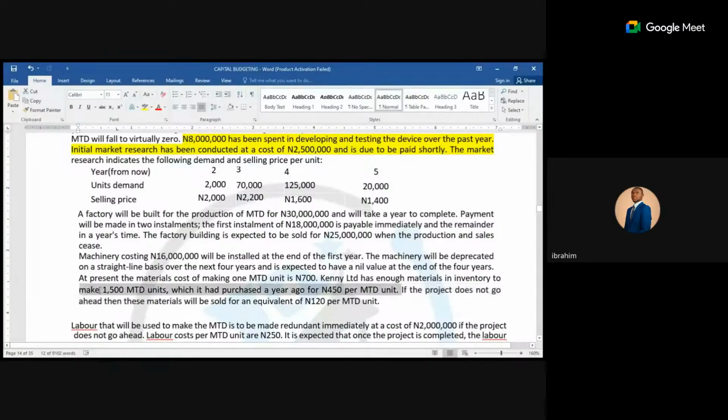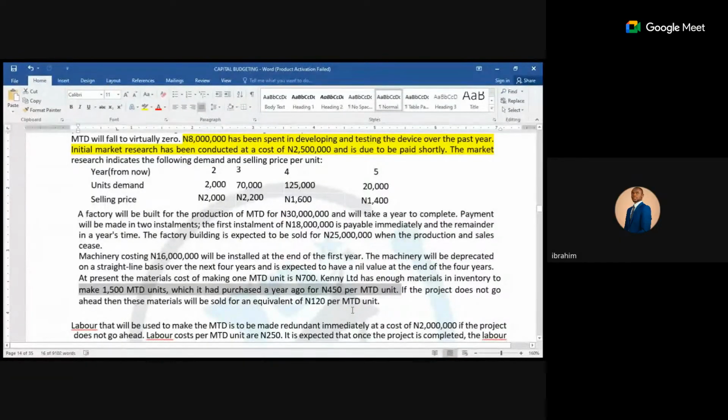This one that they have here in the store, they purchased it a year ago at 450 naira per unit. So the 450 here is a sunk cost a year ago. Now, if the project does not go ahead, then these materials will be sold for an equivalent of 120 naira per unit.